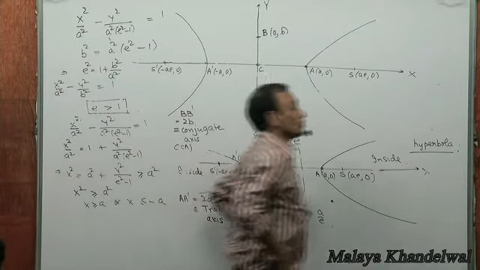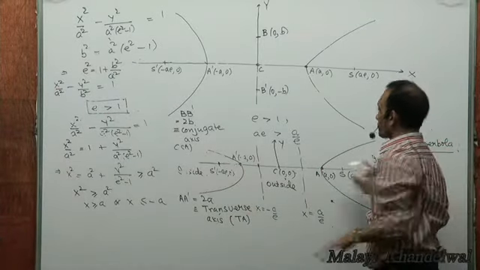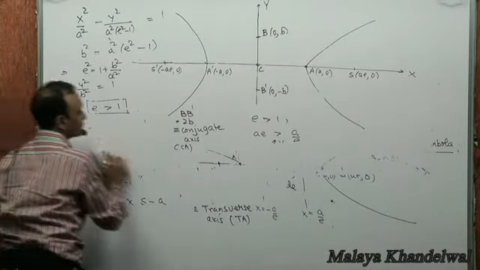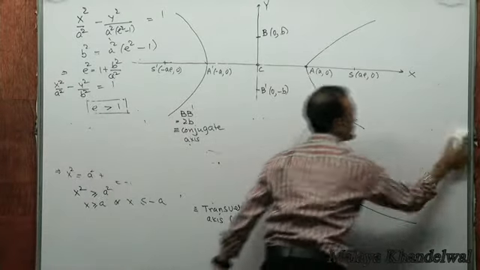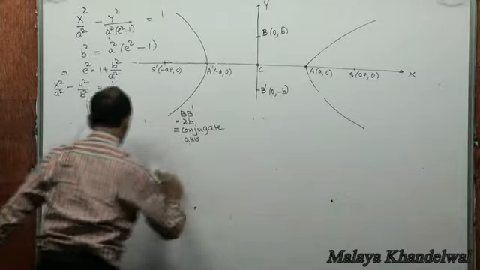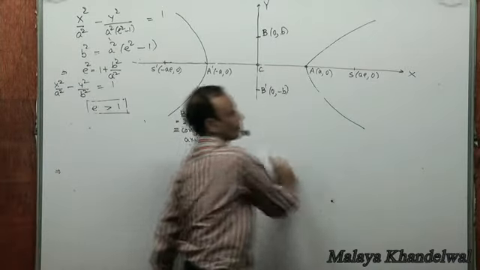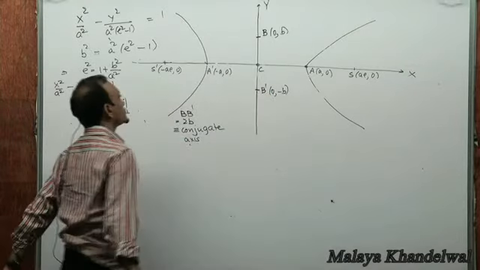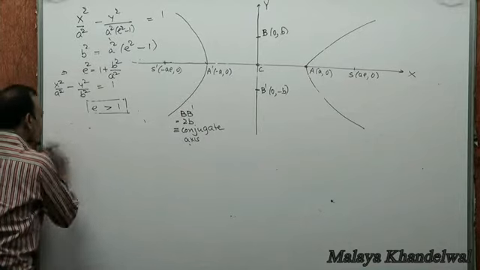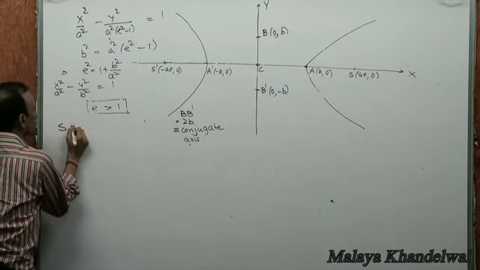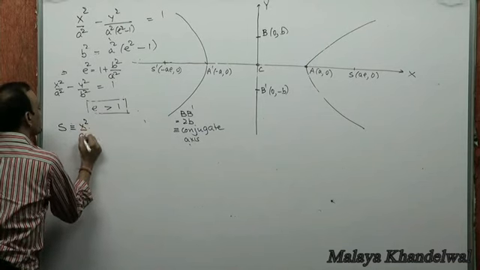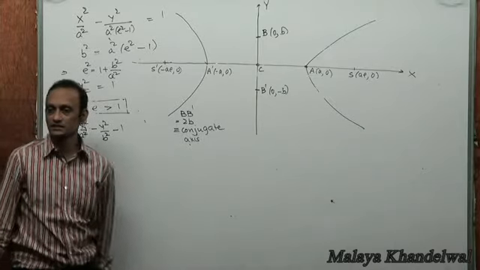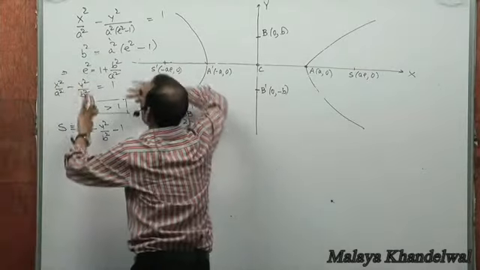Now, see, henceforth we'll refer to this expression, x squared by a squared minus y squared by b squared minus 1, as S. S will simply be an expression, like we've always done.